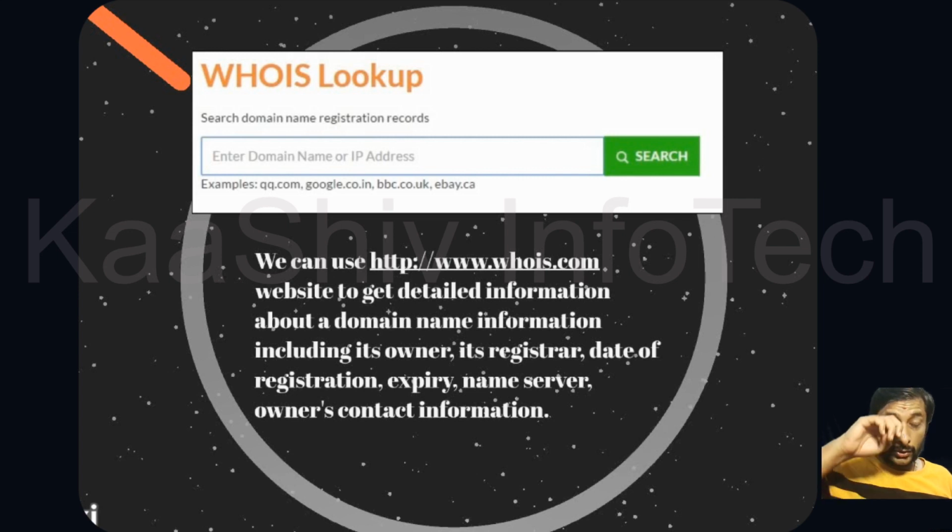This is how they'll do footprinting and reconnaissance, information gathering. You can see the domain name information, the registrar, date of registration, expiry, the servers, bonus information. They will try to grab all. So just go to the website whois.com.